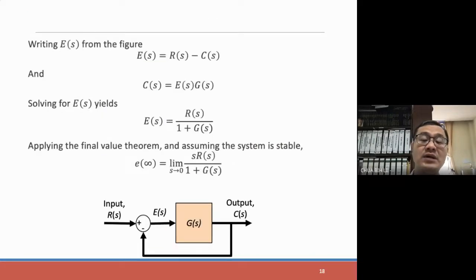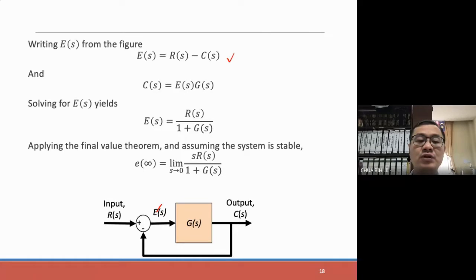How can we do it? Same procedure, same relationship. The error is the input minus the feedback. The output can be obtained from multiplying the error, instead of the input, by the transfer function.